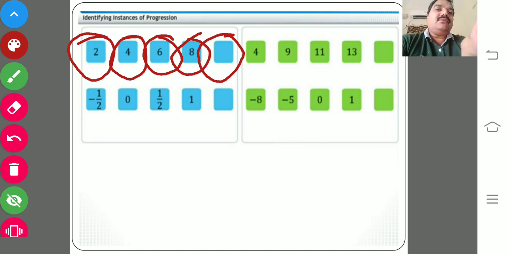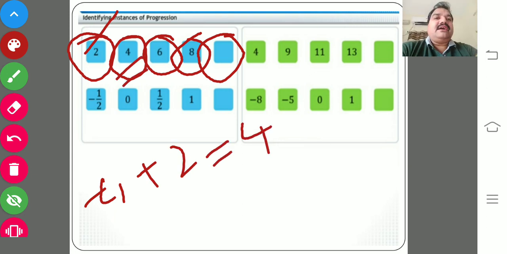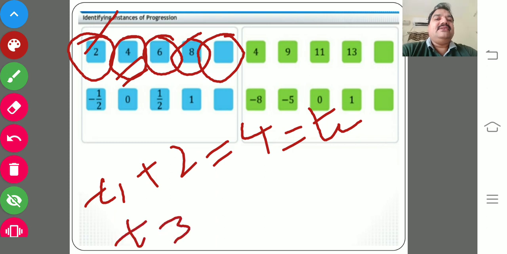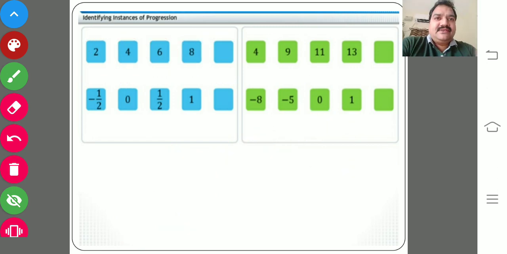If you want to find the second term, 2 is added to the first term. So first term plus 2, you got what? 4. And 4 is nothing but what? T2, term 2. And finding T3, how did you get it? T2 plus 2. So like that, if you follow the sequence, 2 plus 2 is 4, 4 plus 2 is 6, 6 plus 2 is 8, 8 plus 2 is 10.